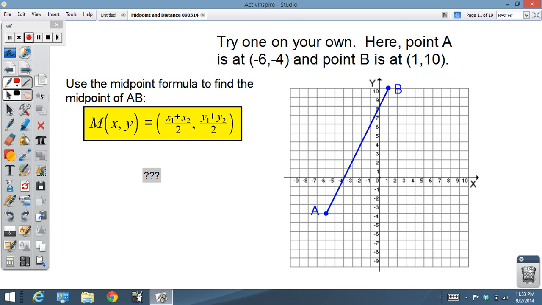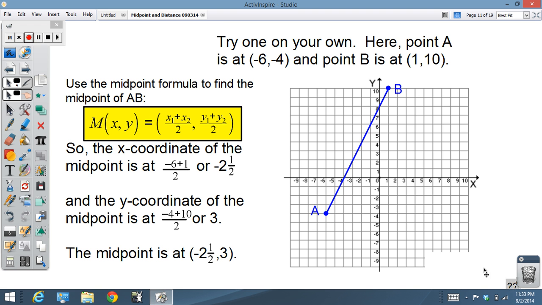Moving on. One to try on your own. Hit pause. And when you hit go again, here comes your answer. So the x coordinate at this point, -6 and 1, average them out, I get -2.5.